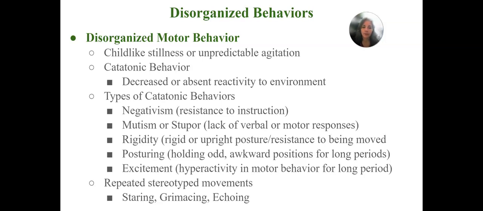If you asked my brother to help him get into bed or to move or to try to feed him, you couldn't offer instruction like open your mouth. It's just not something that he could do in that time. You might have mutism or stupor, as they've called it, where they're not engaging in any kind of dialogue. That conversation's just absent. Rigidity, where their body posture is rigid, statue-like.